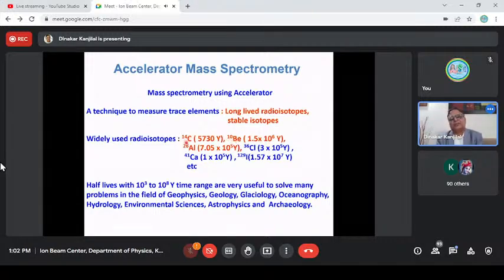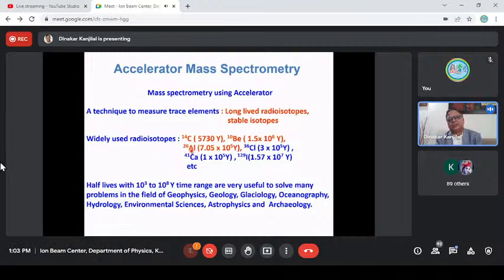This is used for archaeology, anthropology, all those things, or botanists, all those people use it. Multiple billion years also one sometimes does, depending on what kind of materials, aluminium. These are actually radioactive isotopes.